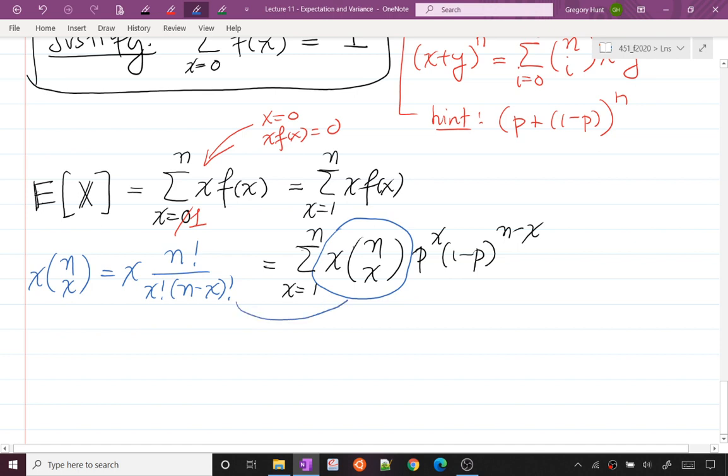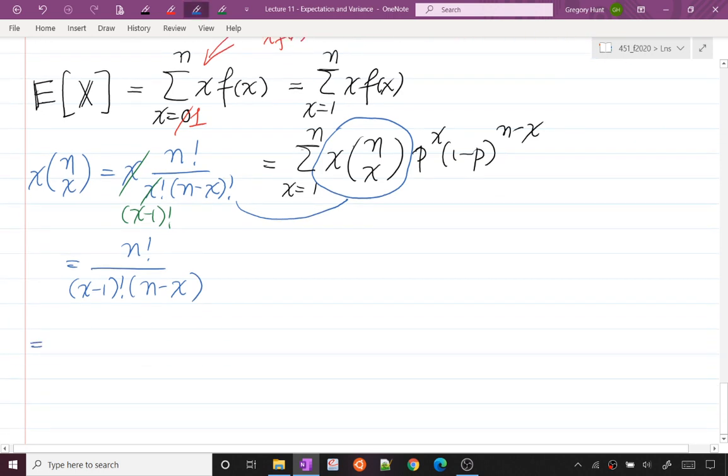And x factorial is x times x minus 1 times x minus 2, etc. I could cancel the x on top with the x on the bottom and change that to x minus 1 factorial. That's allowed, because x factorial is x times x minus 1 factorial. So this is n factorial over x minus 1 factorial, n minus x factorial.